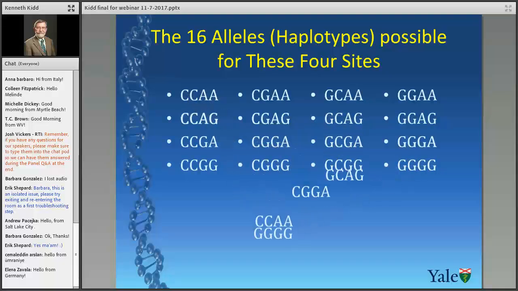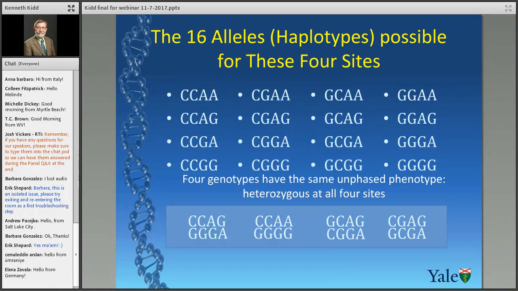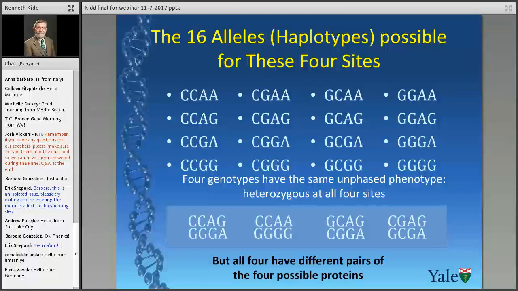So if we look at the 16 different haplotypes that are possible, there are 4 different ways one can be heterozygous at all 4 sites, and these have the same unphased phenotype. Using Sanger sequencing, they are heterozygous at all 4 sites.